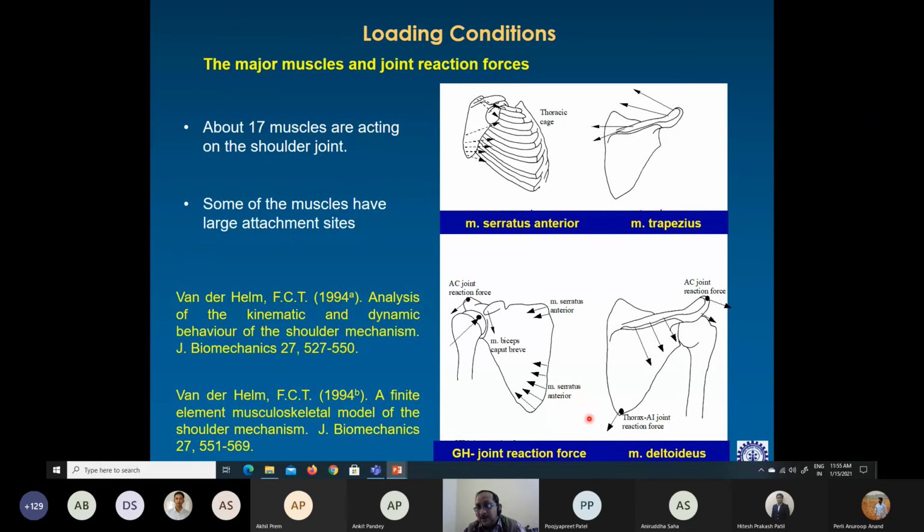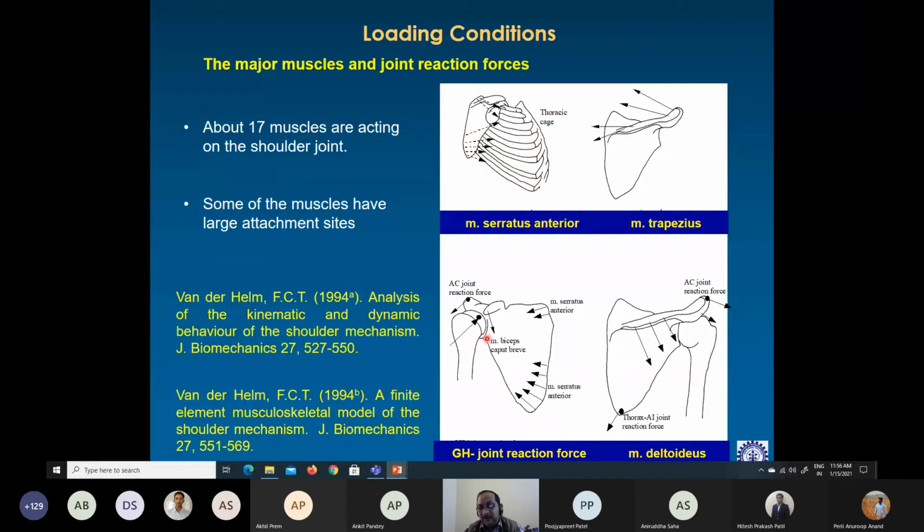The other is the muscle deltoid, the major muscle. As you can see, it is also attached to the inferior side of the scapular spine, and these are very approximate, sketchy forms of representation of the muscle action.